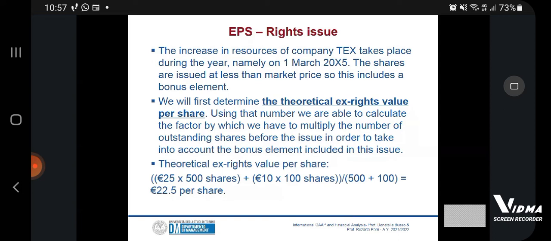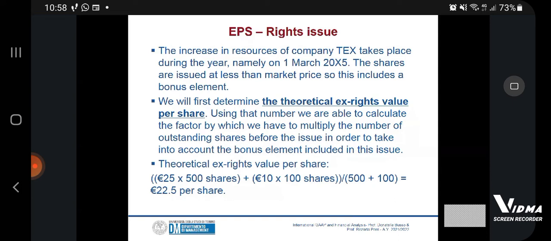Okay, so having the theoretical ex-rights value, now I'm ready to calculate the multiplying factor. Remember that the multiplying factor is the ratio between two prices. The price before the rights issue, that is 25 euro, and the theoretical assumed price after the rights issue, this 22.5. So again, the multiplying factor is not the ratio between numbers of shares as it was in the bonus issue.